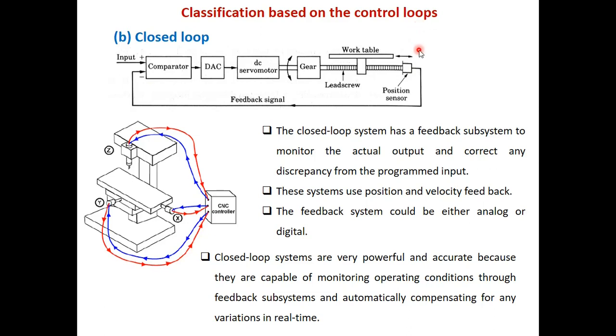Drilling will start only once the feedback signal shows the work table has reached the respective position. The closed loop system is very powerful and accurate because it is capable of monitoring operating conditions through the feedback system and automatically compensating for any variation in real time.